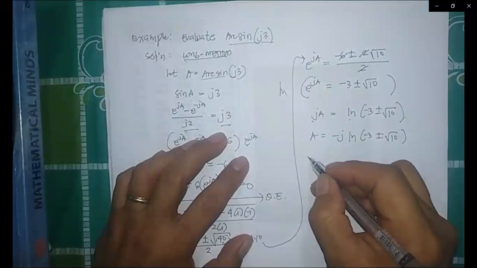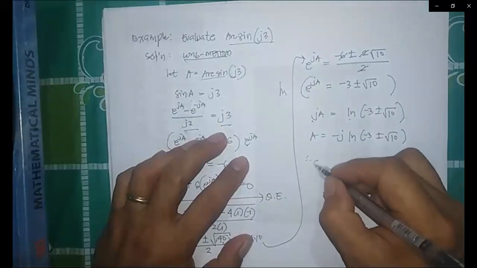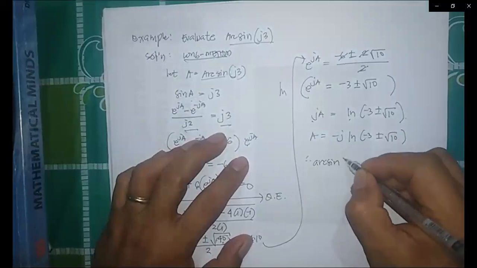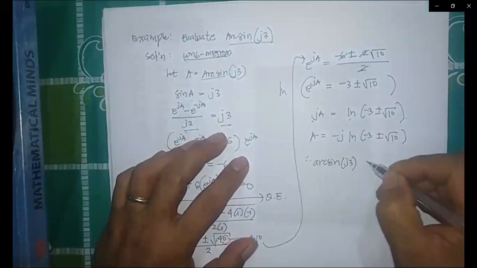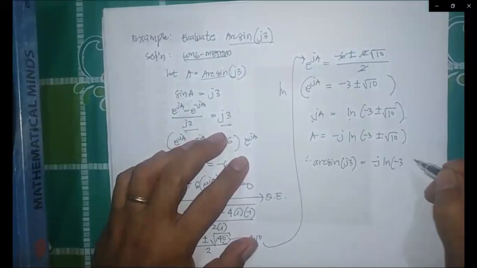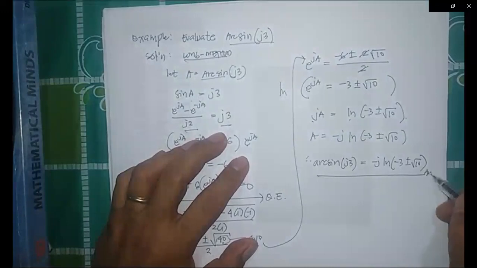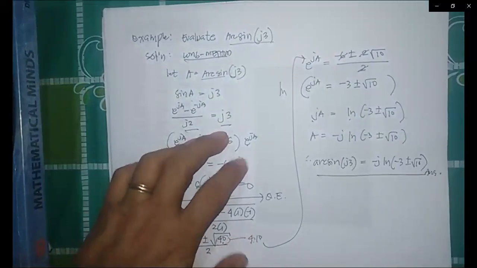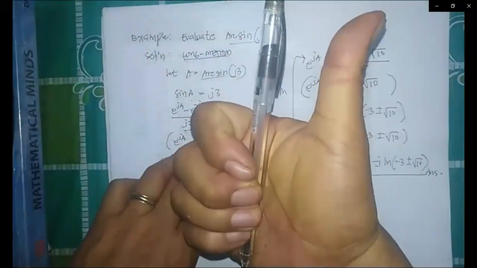That is now the value of your arcsine of j3. So arcsine of j3 is equal to negative j ln of negative 3 plus and minus square root of 10.